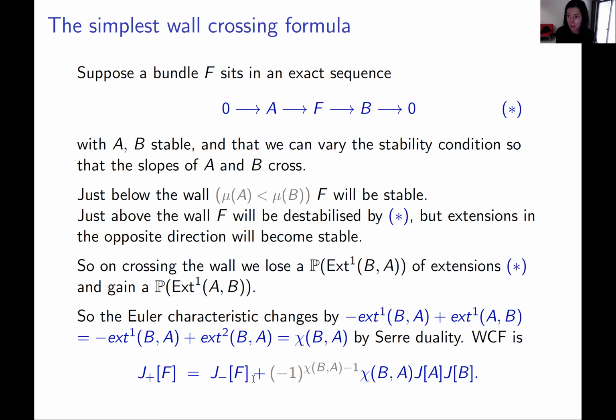You can put any function, this will still be true. Is that correct? I'm not sure I've understood the question, but in pi stability, you have parameters and you can vary those parameters. As you vary the parameters, the slope of some object A may change, it may cross some other object B. And that's all I'm doing here.